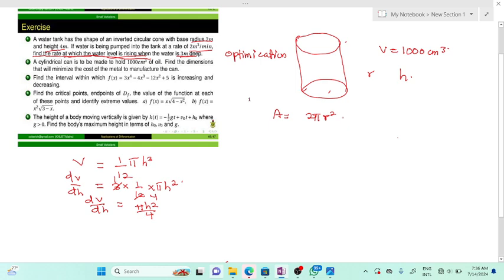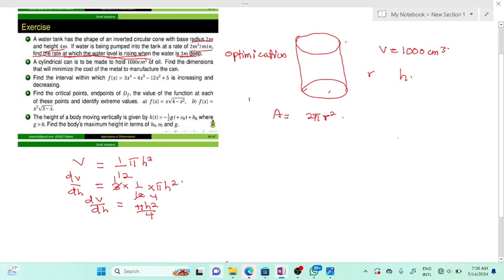Once you have this surface area formula, the next thing to do is to move to the formula for the volume, because to find the parameters r and h, we can get them from our volume and our area. The volume of a cylinder is given as pi r squared h.